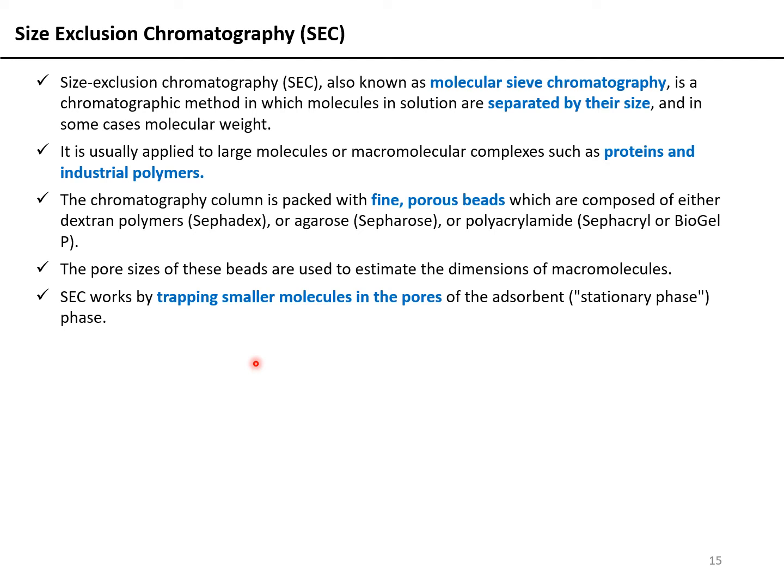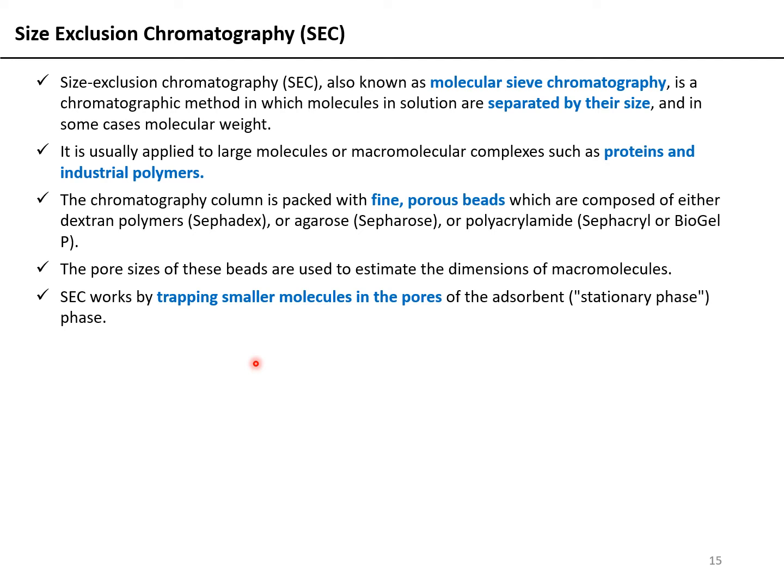Molecules that have a small size will enter into the pores of the beads, and because they are entering within the pores, they will take a longer time to make their way through the column, whereas larger molecules which cannot enter the pores of the beads will simply pass through the gaps or spaces in between the beads, and therefore they will take a shorter time to pass through the column.